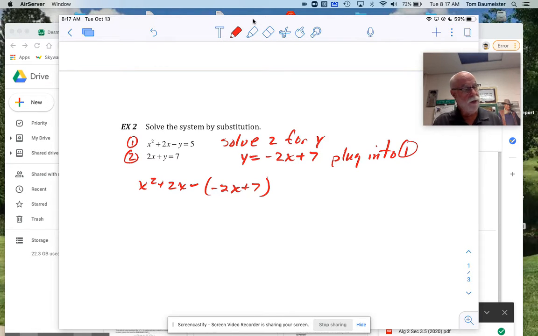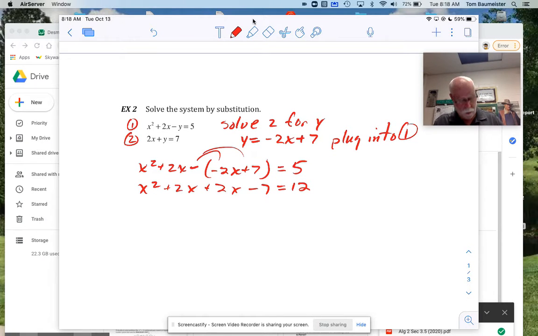On this one you can probably see why, because when I distribute that negative outside the parentheses, and that is going to be equal to 5 in this case, I'll get x squared plus 2x. Negative times a negative is a positive, plus 2x. Negative times a positive is a negative, minus 7 is equal to 12.